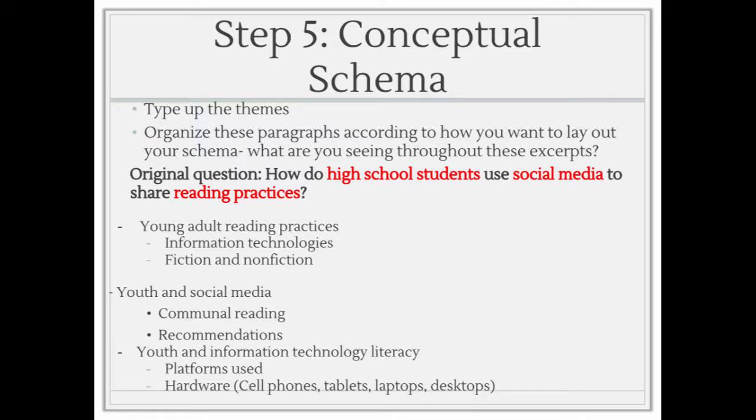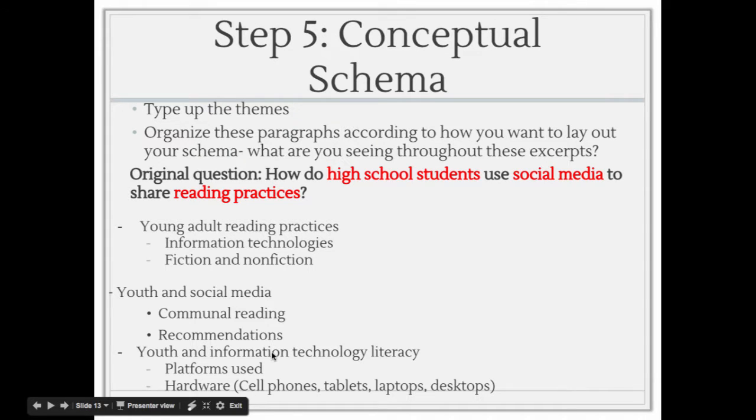So my original question that I was working with, how do high school students use social media to share reading practices? I might have started with young adult reading practices, and then I saw a sub-theme of information technologies, and another sub-theme of genres. And then under my youth and social media, I found that there were communal reading habits, and that young people were recommending readings and different genres to each other through social media.